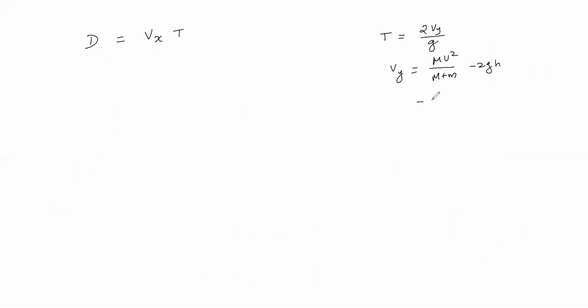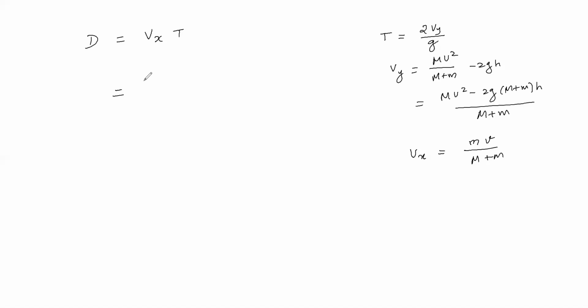By taking the LCM, we are getting mv square minus 2g into (M plus m) into h, divided by (M plus m). And the horizontal velocity with which the block moves is small m into v divided by capital M plus small m. By substituting all the values here, we can get the horizontal distance traveled by the larger block.